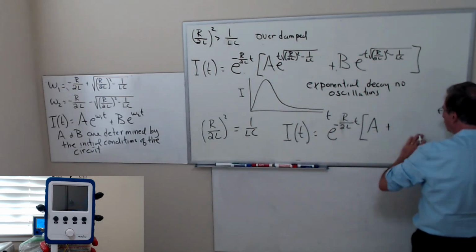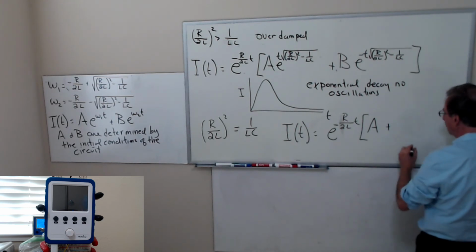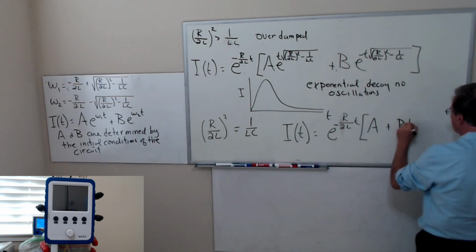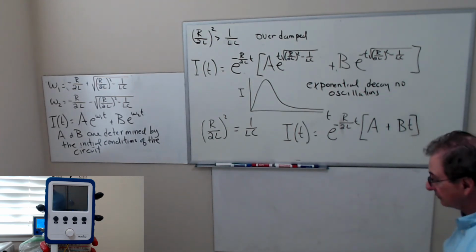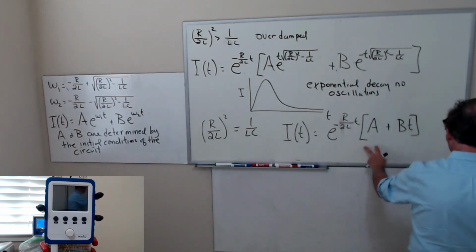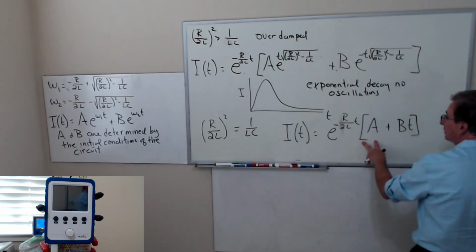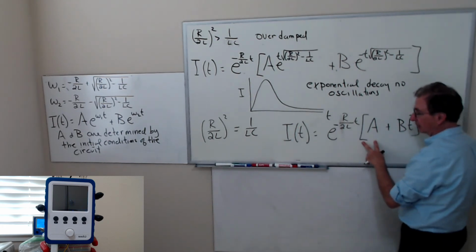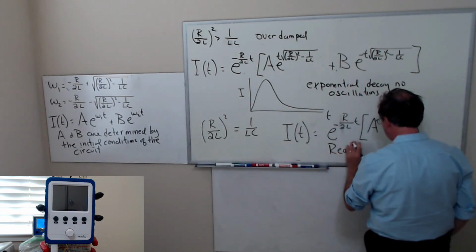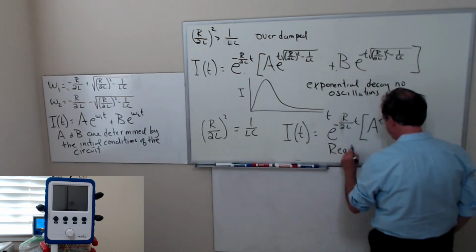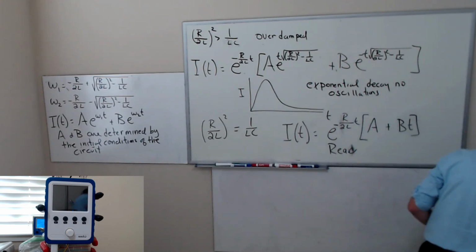So one can go through the math. I'm not going to do that here. I'm just going to tell you that you can write it this way. This is another solution to the equation. And this represents the fastest time it takes for the system to approach steady state.